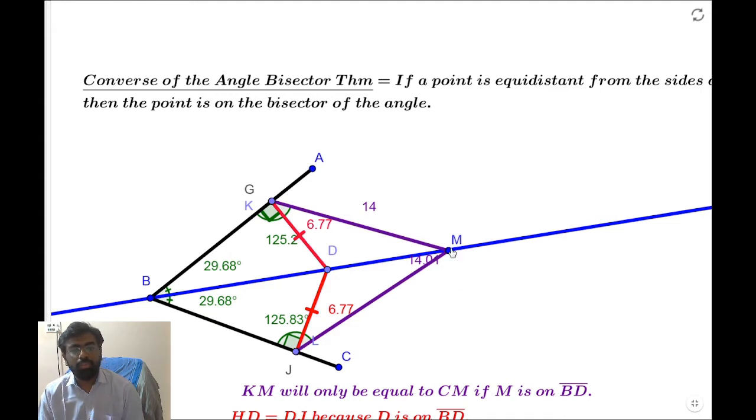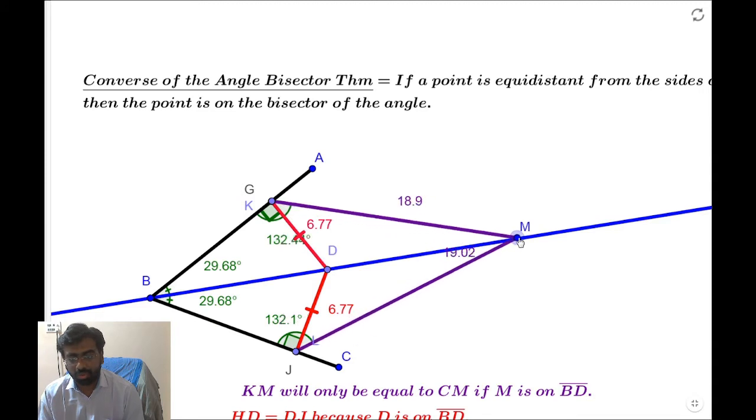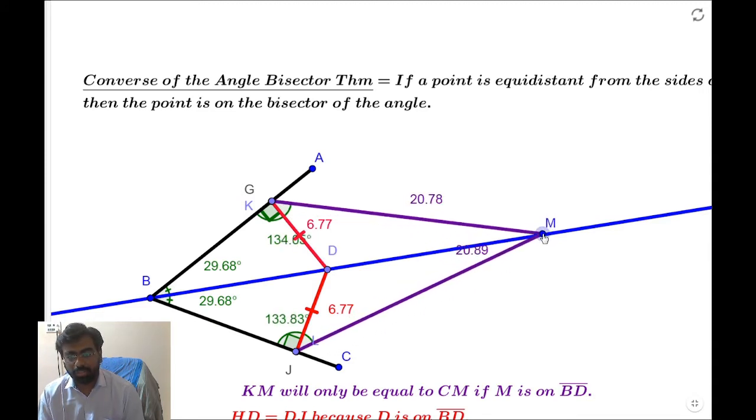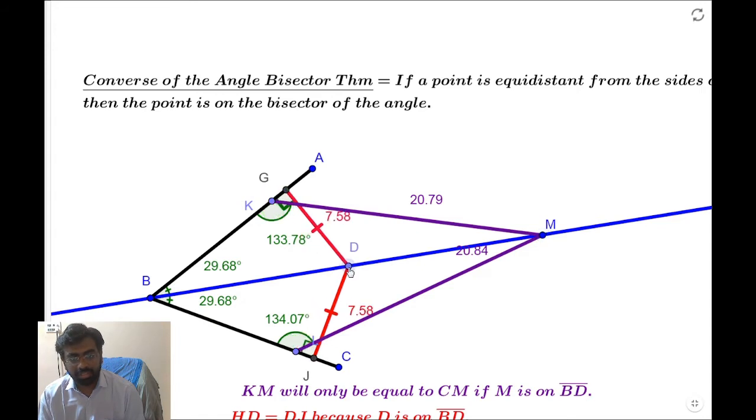You have to take a screenshot either with the point on the bisector or not on the bisector, comparing with M. But as far as point D is concerned, it will be equal by default, so you can adjust it and take a screenshot.